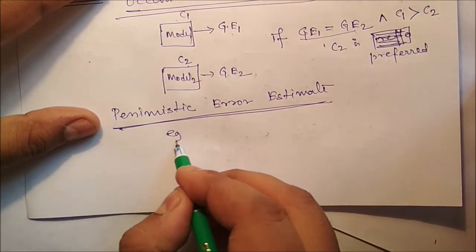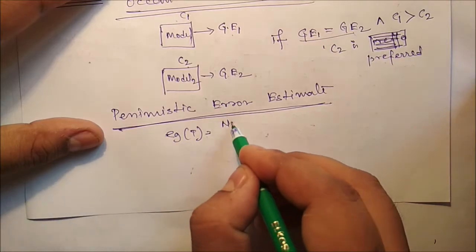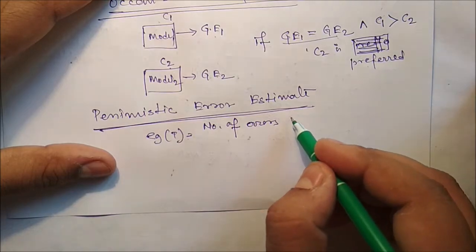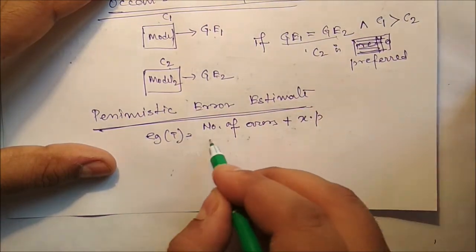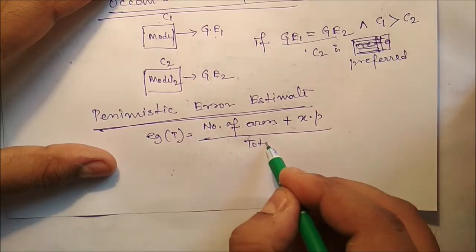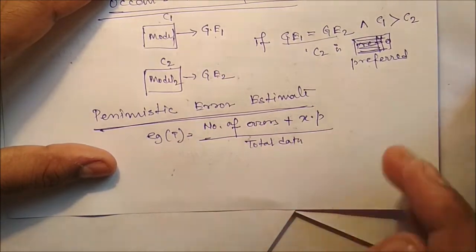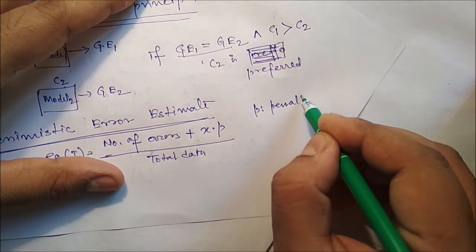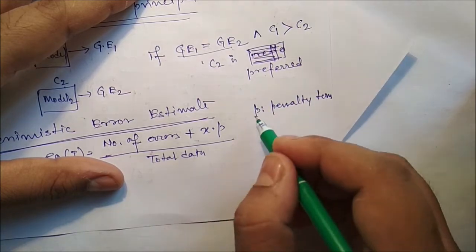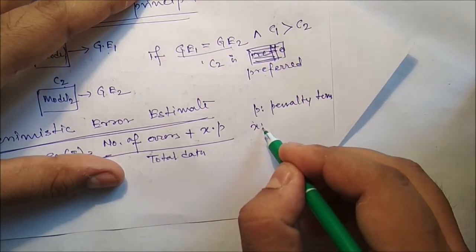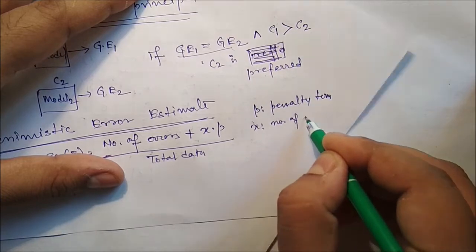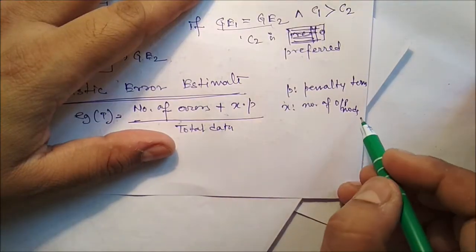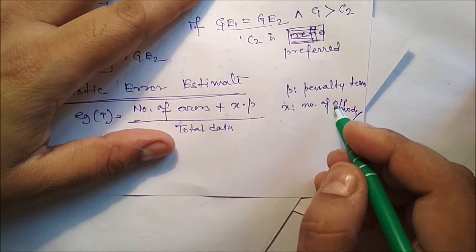It is EGT, which is the number of errors plus X into P, divided by the total data, where P is the penalty term and X is the number of output nodes, that is, the number of leaf nodes or number of rules, etc.